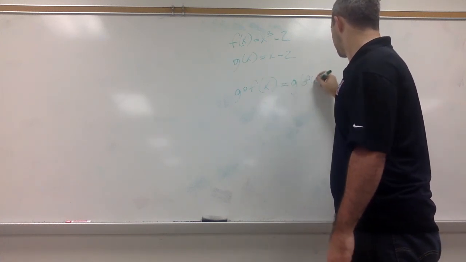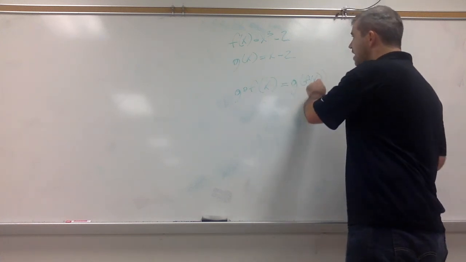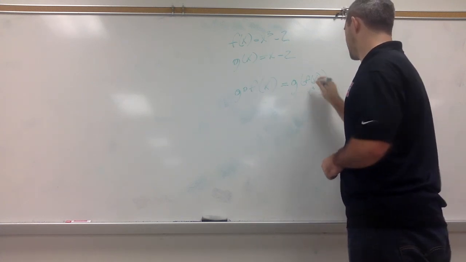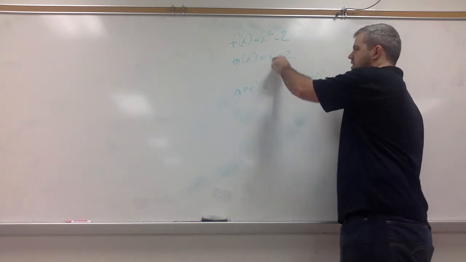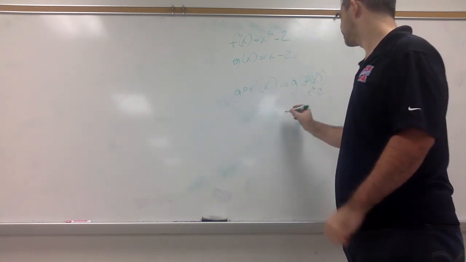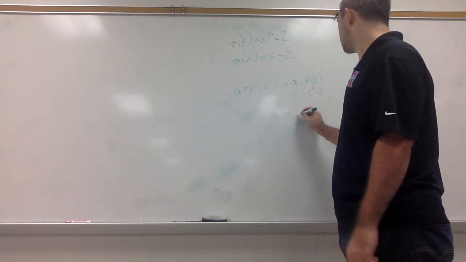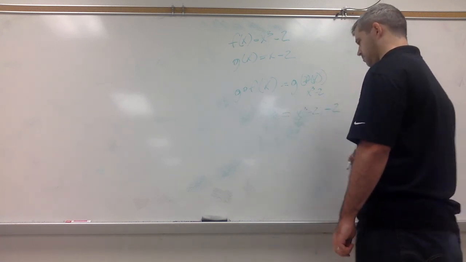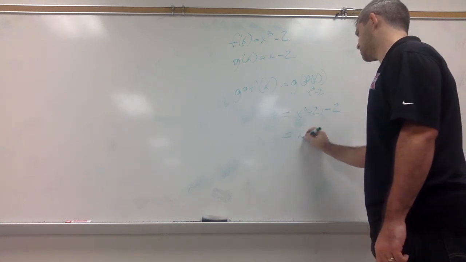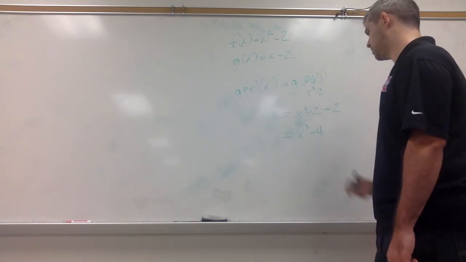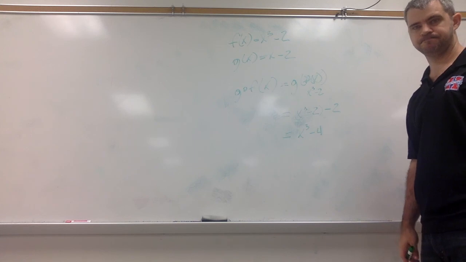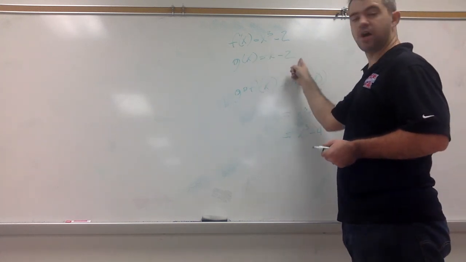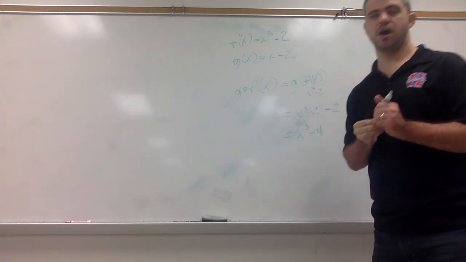Because this time, we're taking the f function, which is x to the third minus 2, and we're shoving it in here for x. So x to the third minus 2 minus 2. That just gives us x to the third minus 4. Okay, what's the domain? Again, all real numbers, so the composite will be all real numbers.